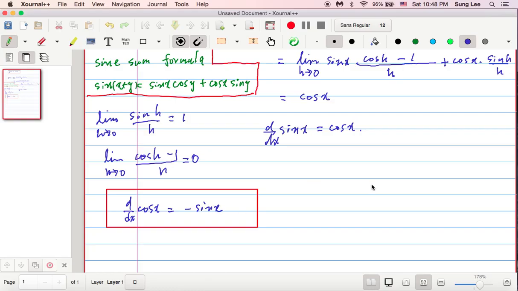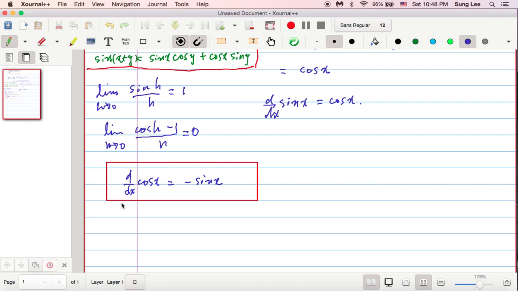Okay? Actually, why don't we do this? So d by dx cosine of x, by definition, is the limit as h goes to 0 of cosine of x plus h minus cosine of x all over h.